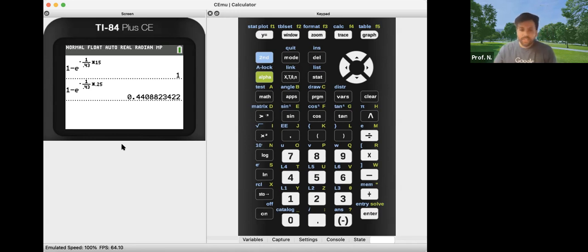Anyways, so the answer is 0.44088, blah, blah, blah, which is approximately 0.44 if you round to the nearest two decimal places. So that is the answer here.